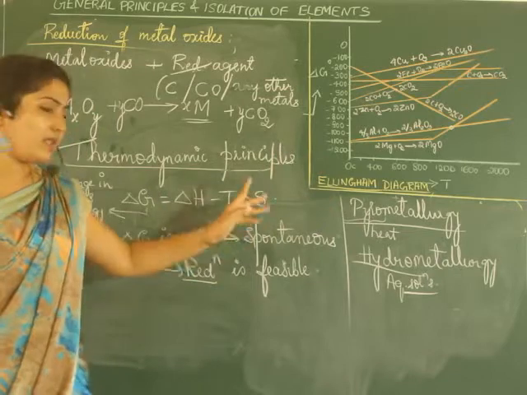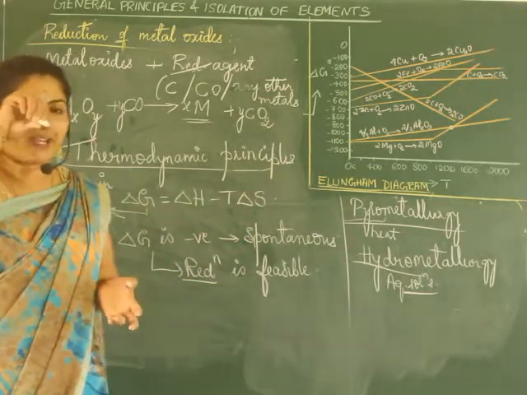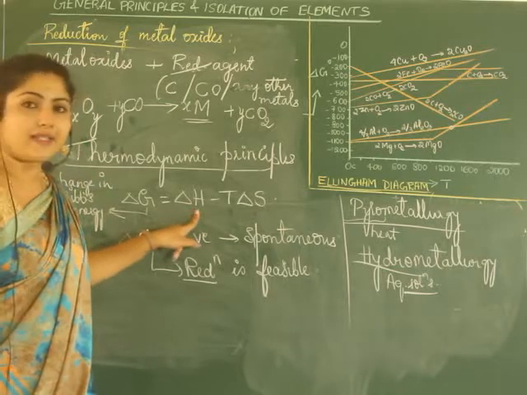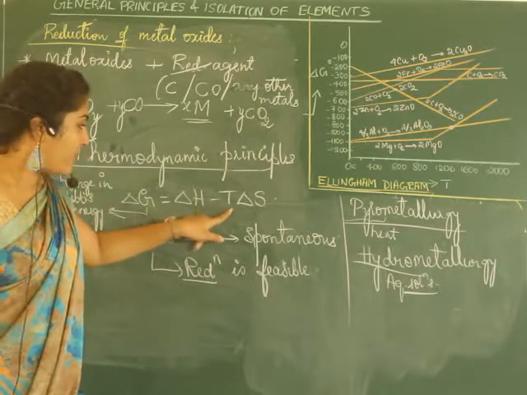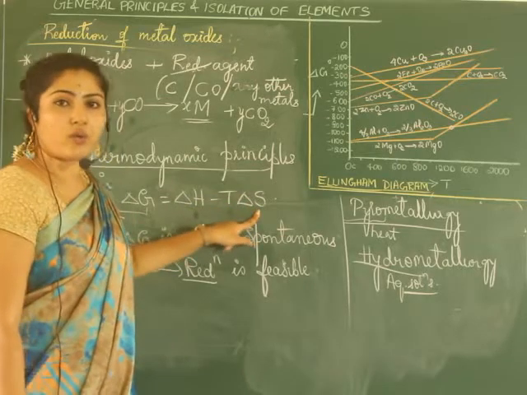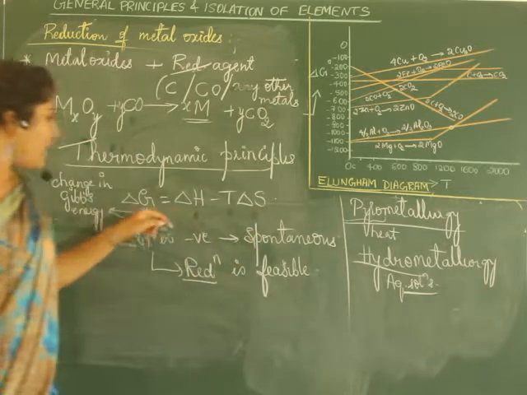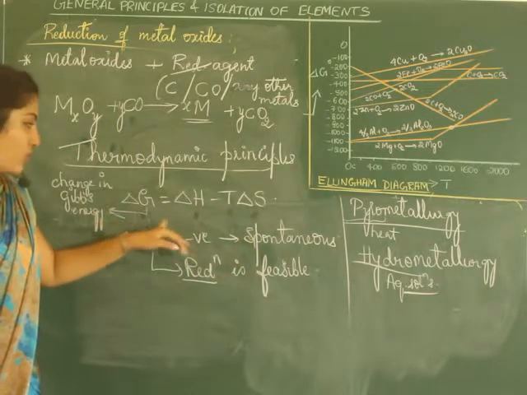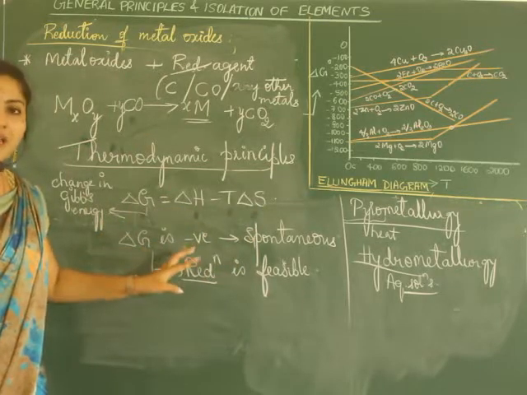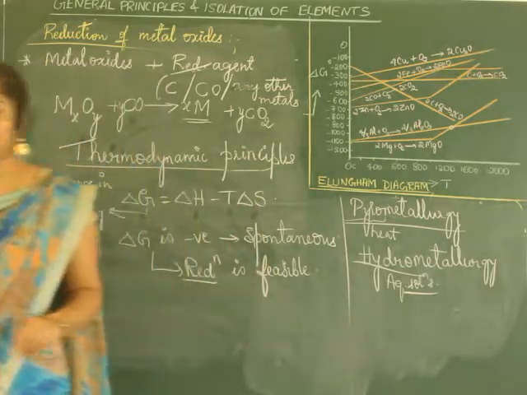Based on this, we will calculate for a particular reaction its delta H value. If we know the temperature and the delta S value, the entropy, you know, disorderness, then we check whether delta G comes out to be negative. If it is negative, yes, the reduction can be carried out. This is what we say.